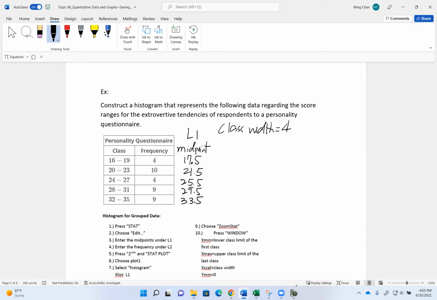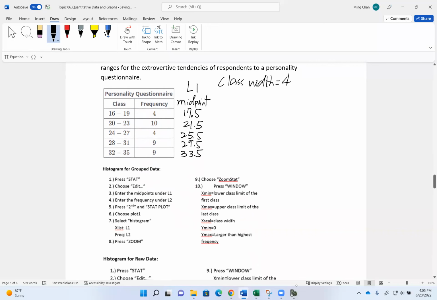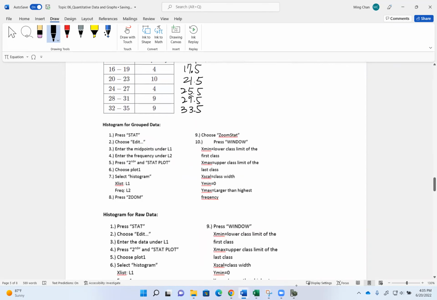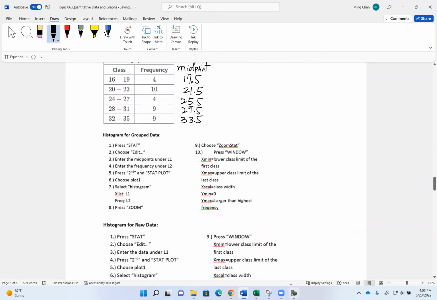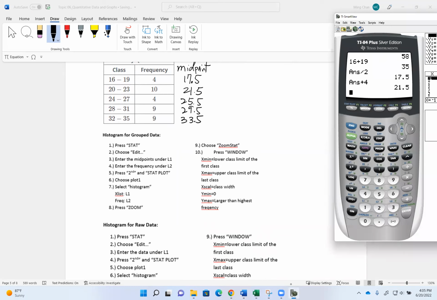For grouped data and for raw data, they are entered a little bit differently. Enter the midpoints in L1 and the frequencies in L2. You've got to have a graphing calculator for this.